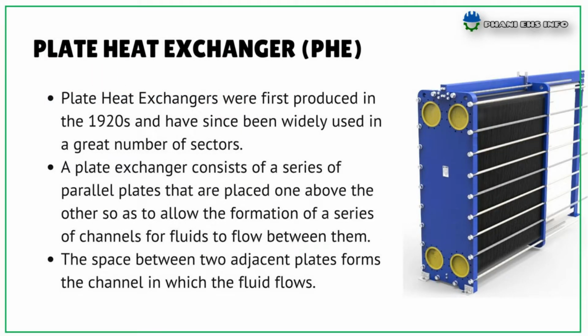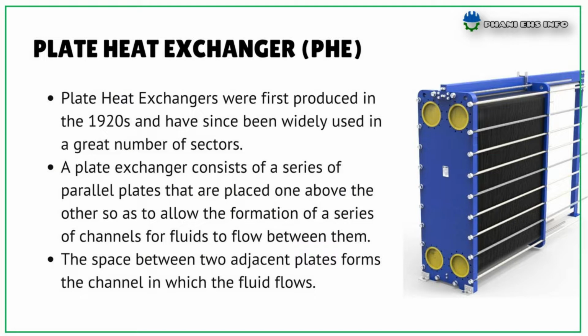What is a plate heat exchanger? Plate heat exchangers were first produced in the 1920s and have since been widely used in a great number of sectors. A plate exchanger consists of a series of parallel plates that are placed one above the other so as to allow the formation of a series of channels for fluids to flow between them.